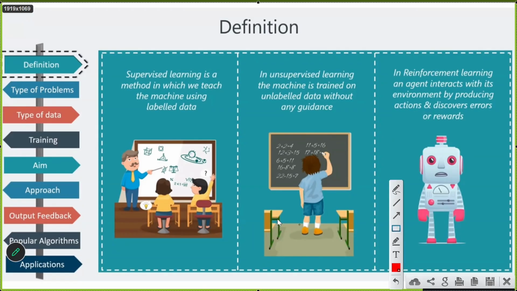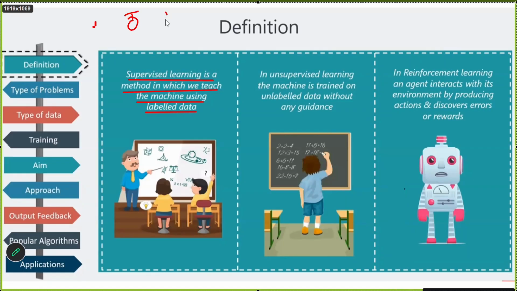Supervised learning is a method in which we teach the machines using labeled data. So what is the meaning of labeled data here? In our childhood days, they show the image of an apple and say that this is an apple.